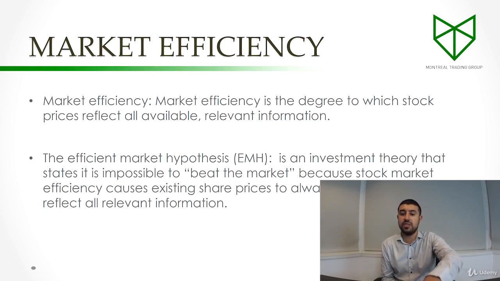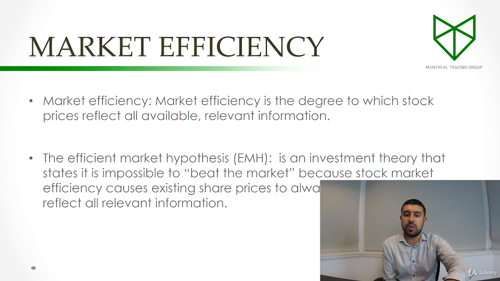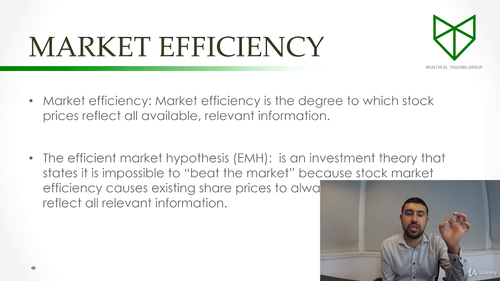the efficient market hypothesis, which we call EMH, is a theory that states that it's impossible to beat the stock market because the stock market efficiency causes existing share prices to always incorporate and reflect all relevant information.